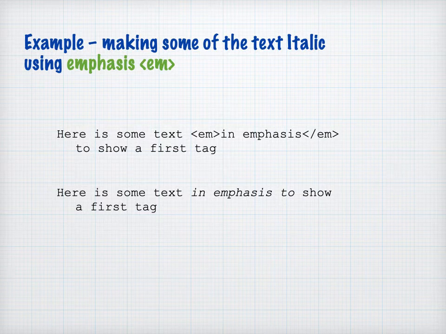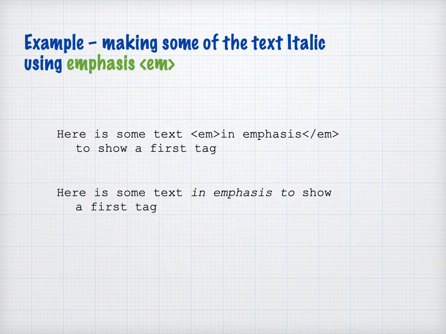Now the closing tag stops that presentation style from being applied. And the way that we know that's a closing tag is because, can you see, it's got that /. So when we're placing HTML inside a text document, most of the time we'll be placing tags in pairs, a starting tag and a closing tag.